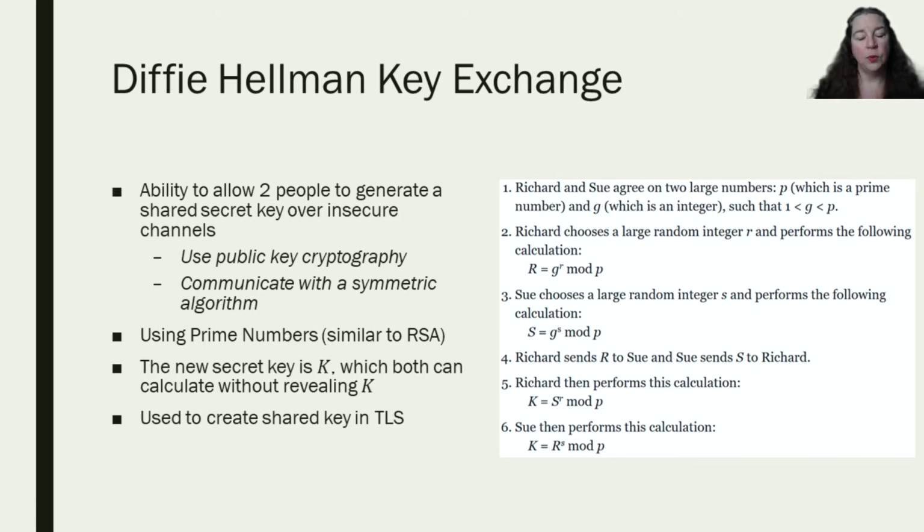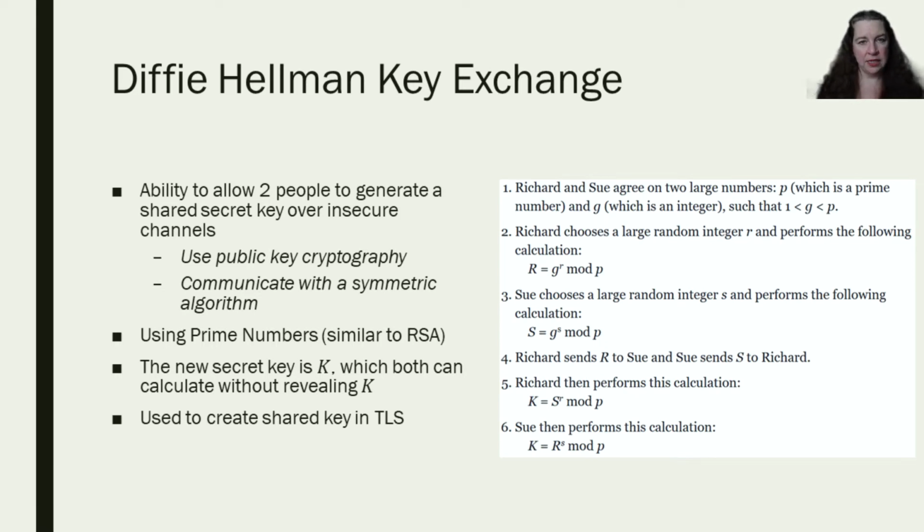What we do is Richard is going to take Sue's capital S and raise it to the power of his lowercase r that he has never said over the internet, and mod that by P, and he's going to end up with K. The great thing about powers and modular arithmetic and the different things we can do with prime numbers is Sue at the same time can take her capital R that Richard sent her and raise it to the power of her lowercase s, mod it by P, and end up with exactly the same key, K, which is our secret key that we now share.